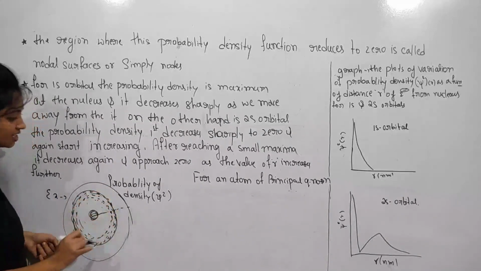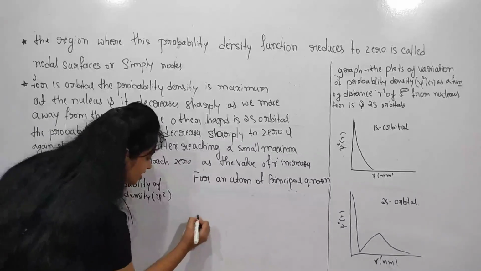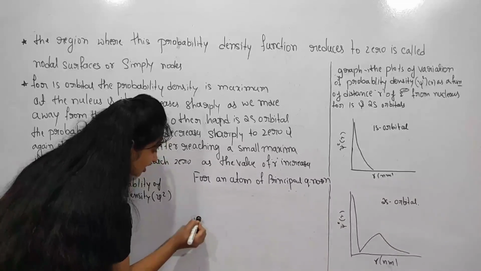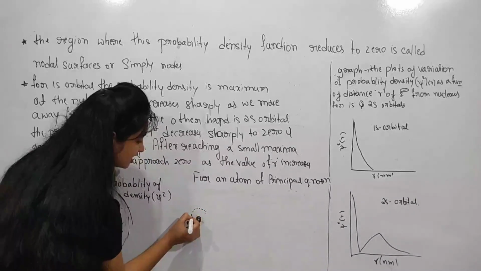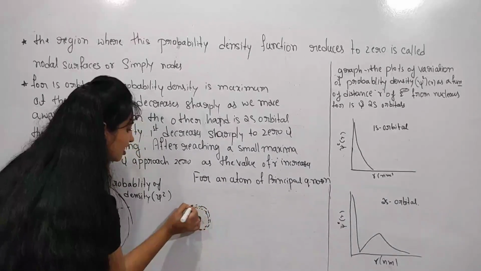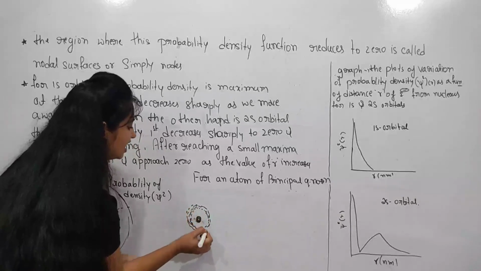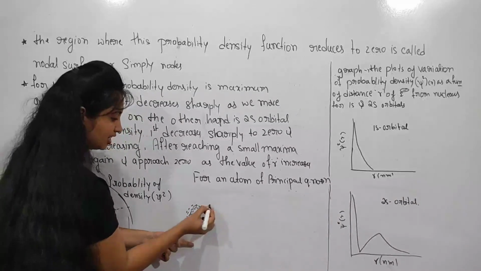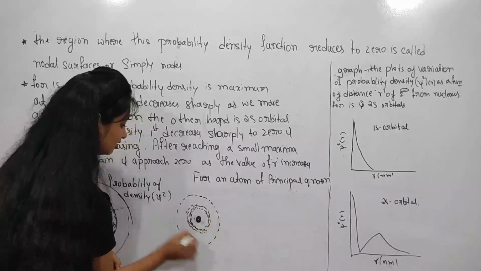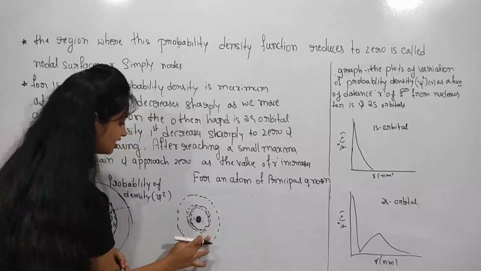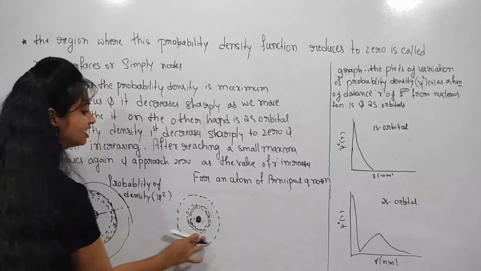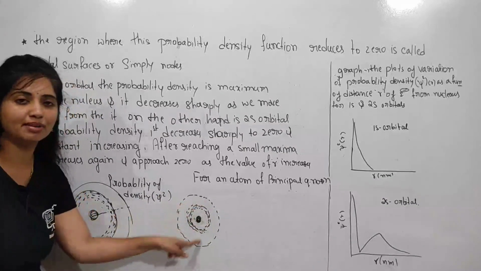And next, in a 2s orbital, see here, this is our nucleus and this is the density I got for a 1s orbital. As I move away from the nucleus, in this empty region, I don't get any probability density.